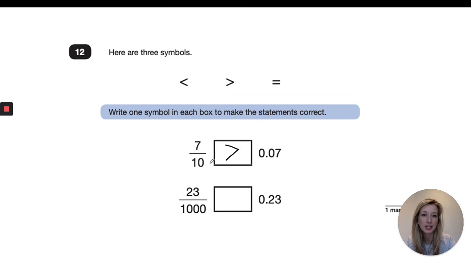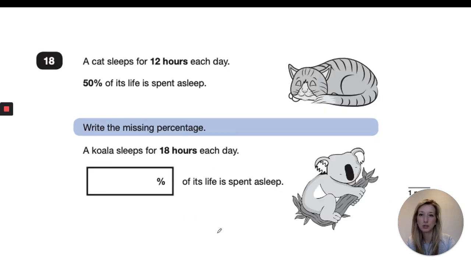So you could see that the open part of that arrow corresponds to the larger value, and the narrower part of that symbol corresponds to the smaller value. So with that in mind, 23 hundredths would be larger than 23 thousandths. So yeah, not too tricky.